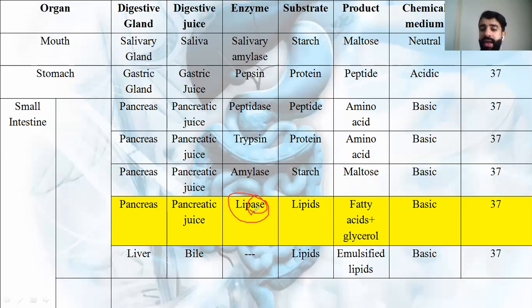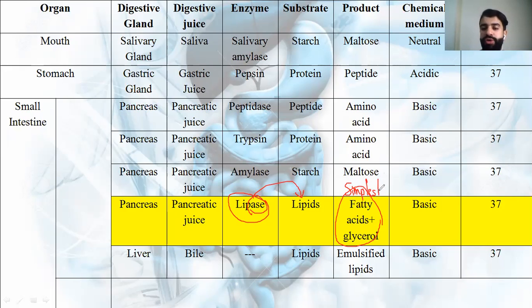Lipase works on lipids, as its name indicates. It works on lipids to give what? To give fatty acids and glycerol. So it digests lipids to give fatty acids and glycerol. Fatty acids and glycerol are the simplest form of lipids, while the complex form is called the lipids or the fats.